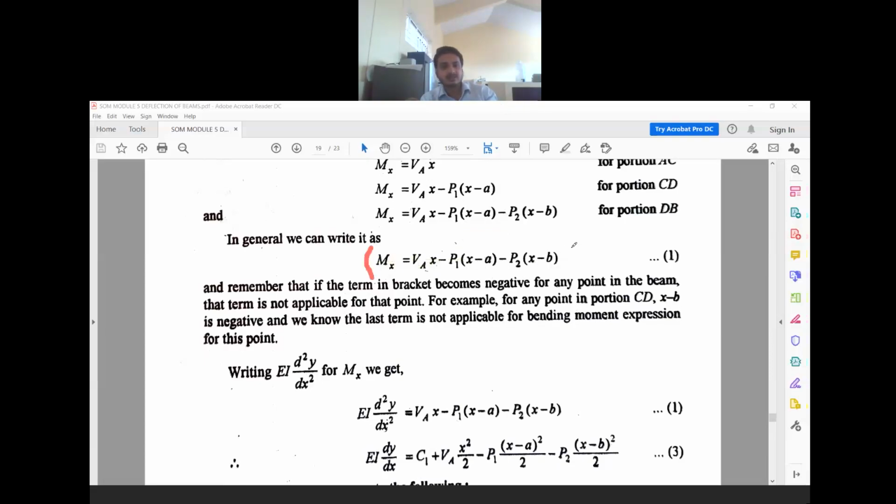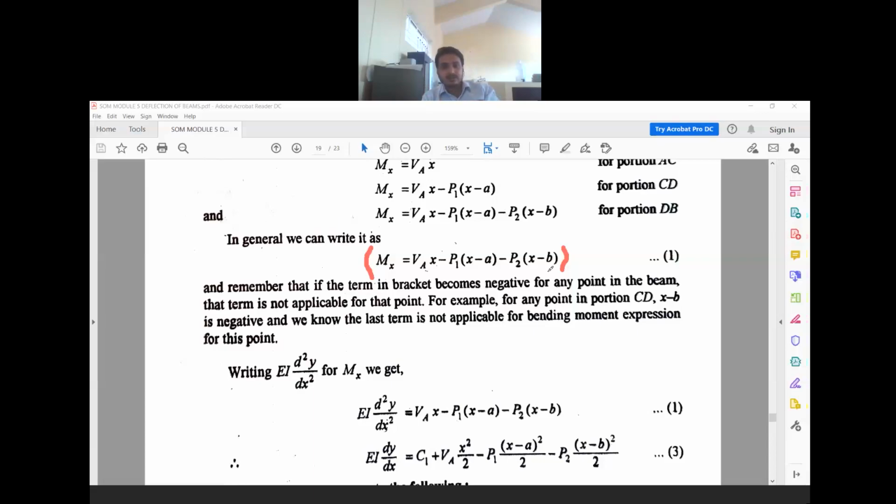So Mx is equal to VA into x minus P1 into x minus a minus P2 into x minus b. So here if we keep this equation as common, the term in the brackets, that is x minus a or x minus b, if the term in the bracket becomes negative, then you have to discard that portion.